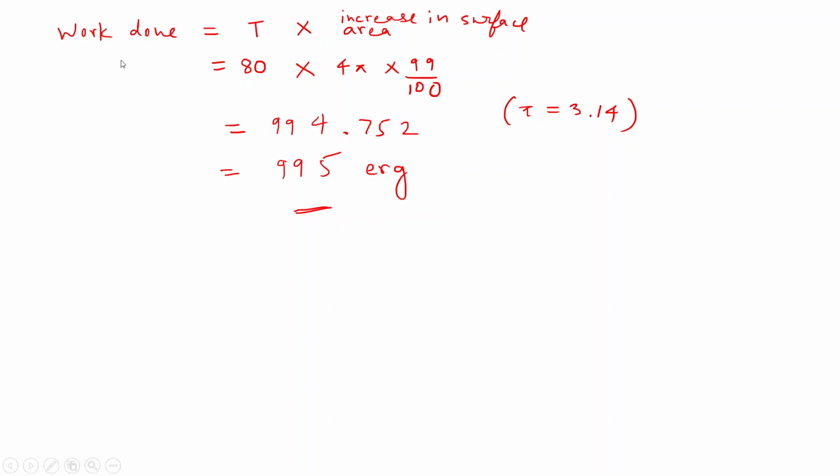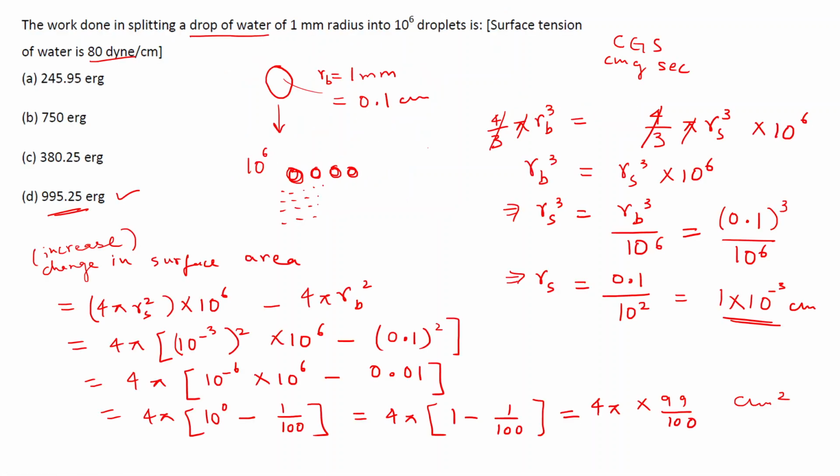So this is how we find out. Just to summarize this particular problem, surface tension comes into the picture when a liquid wants to minimize its surface area and its surface energy. Here, since one big drop is breaking into smaller droplets, more in number, the surface area is increasing, which means the surface energy is increasing.